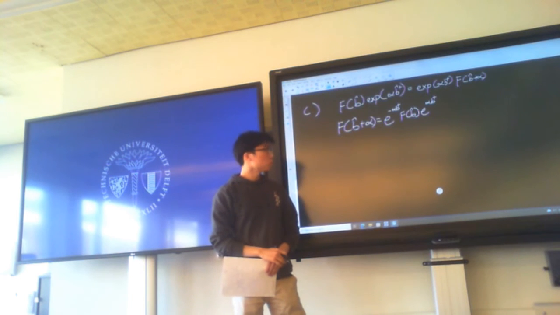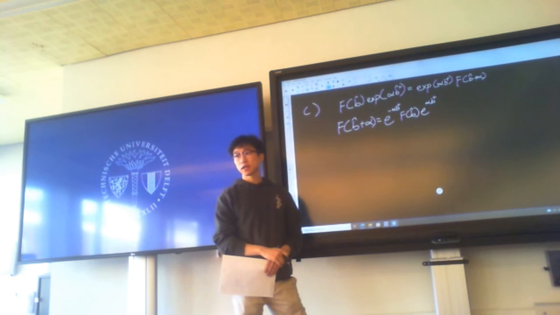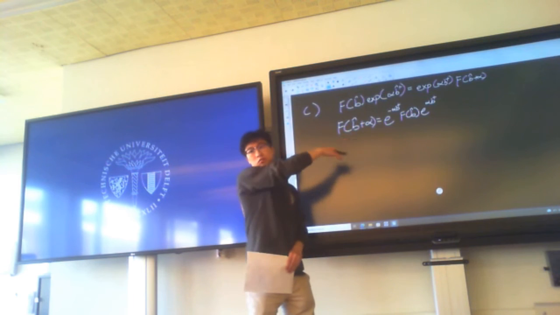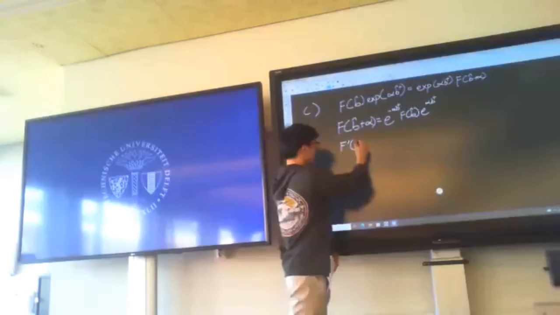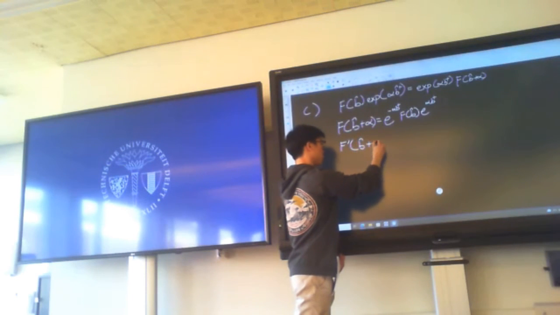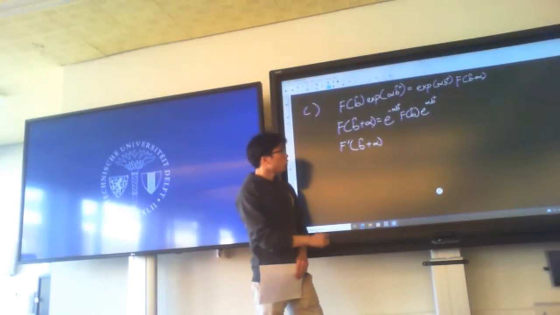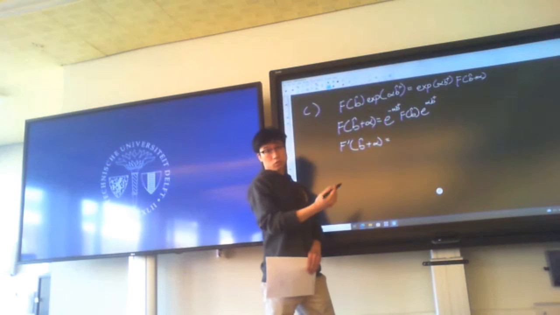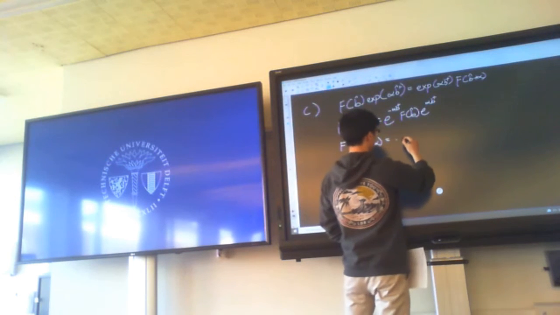Well, we take the derivative with respect to alpha. If we do that on the left hand side, this is relatively simple. This gives us f prime equals alpha, right? And on the right hand side, we get two terms because of the product rule. We get dagger.